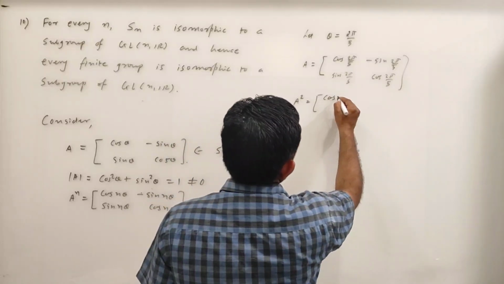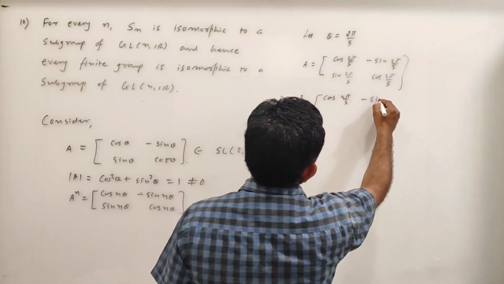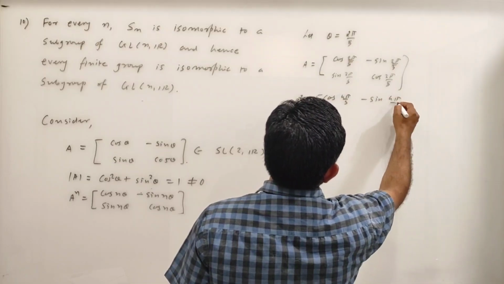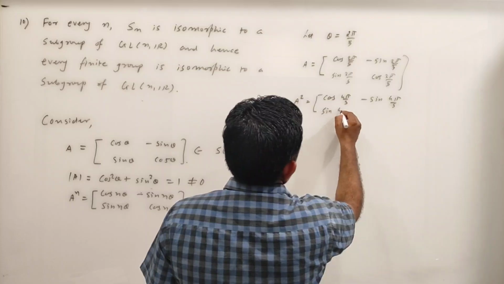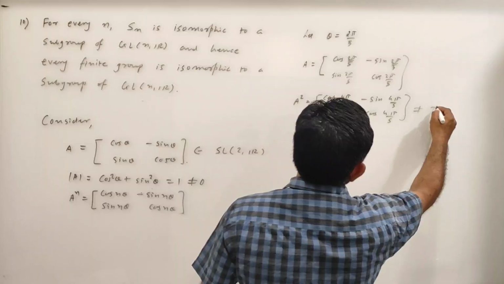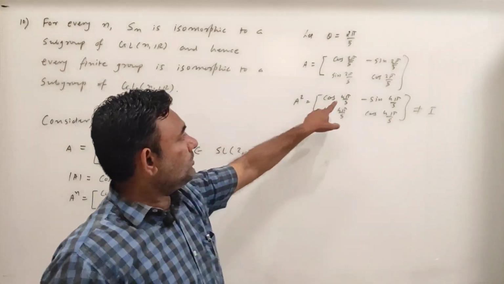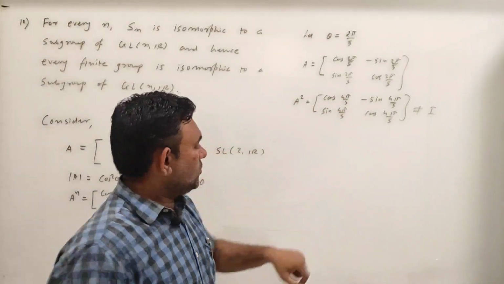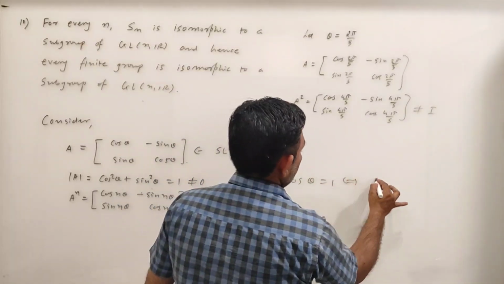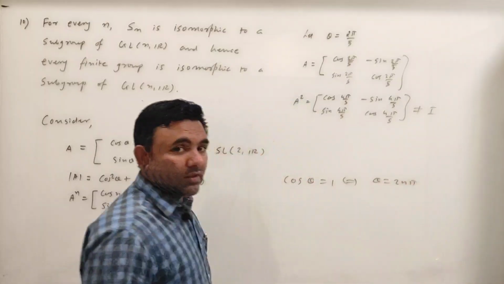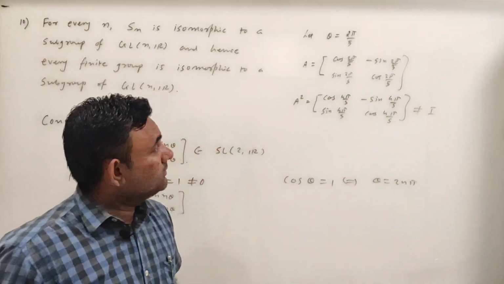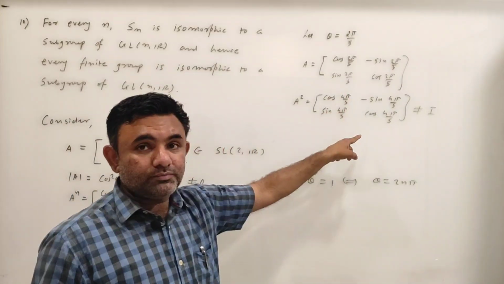So cos 4 pi by 5, minus sine 4 pi by 5, sine 4 pi by 5 and cos 4 pi by 5. So it is not the identity matrix, because cos 4 pi by 5 is not 1. Cos theta is equal to 1 if and only if theta is equal to 2n pi, it must be a multiple of 2 pi, right? And this is not a multiple of 2 pi.